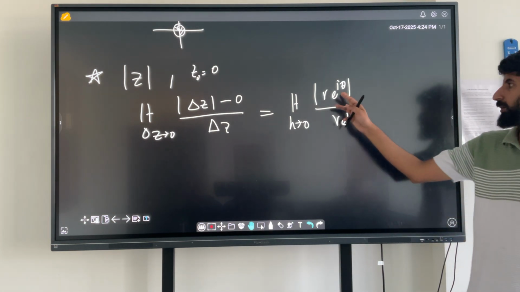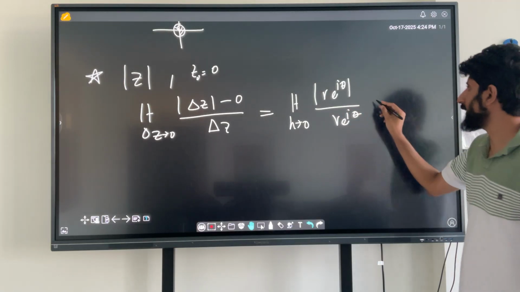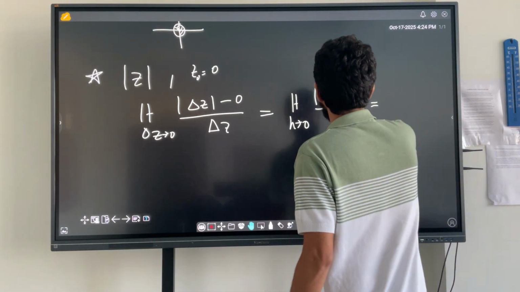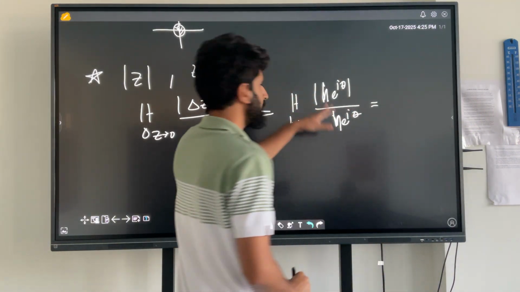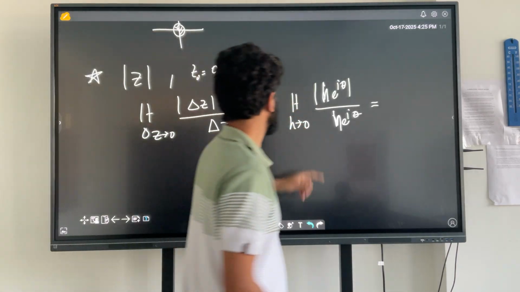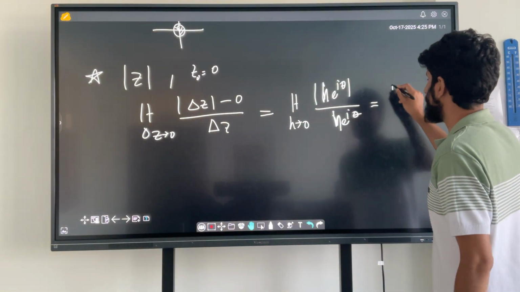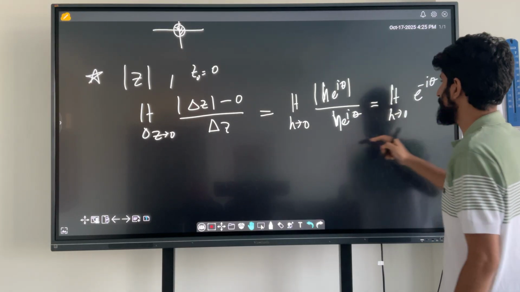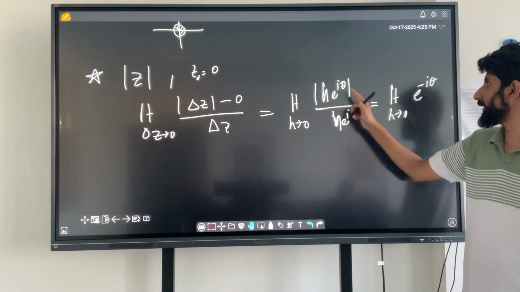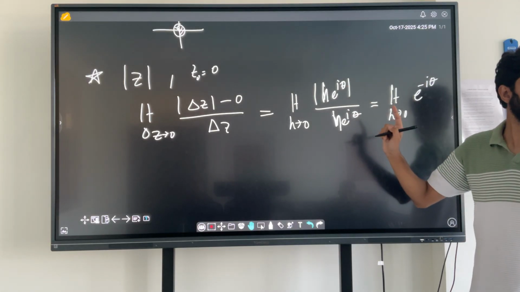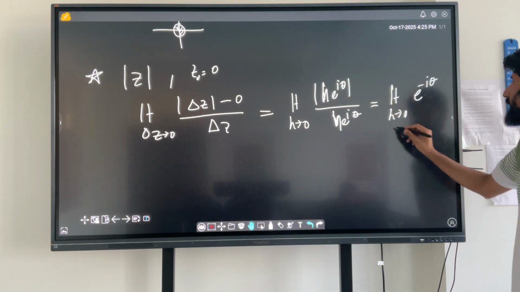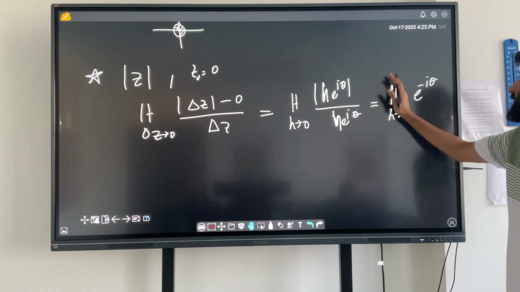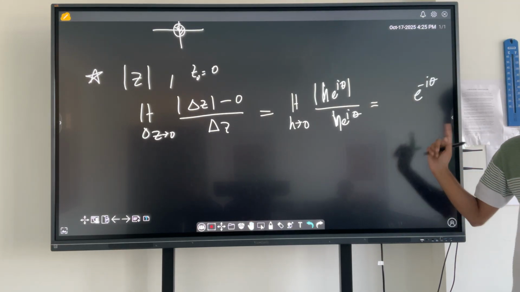Remember the definition? Then what do I get? The limit as h goes to 0 of e^{-i theta}. This survives; the mod gets rid of the other factor. Is this independent of theta?